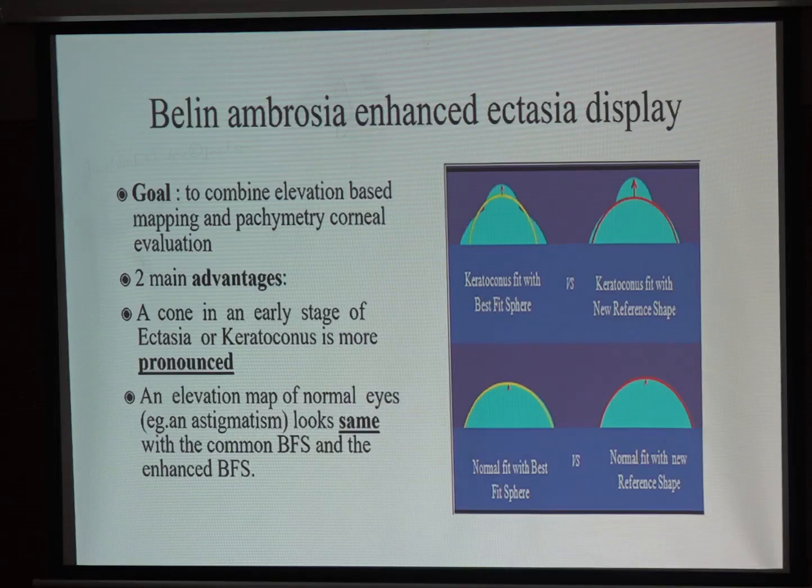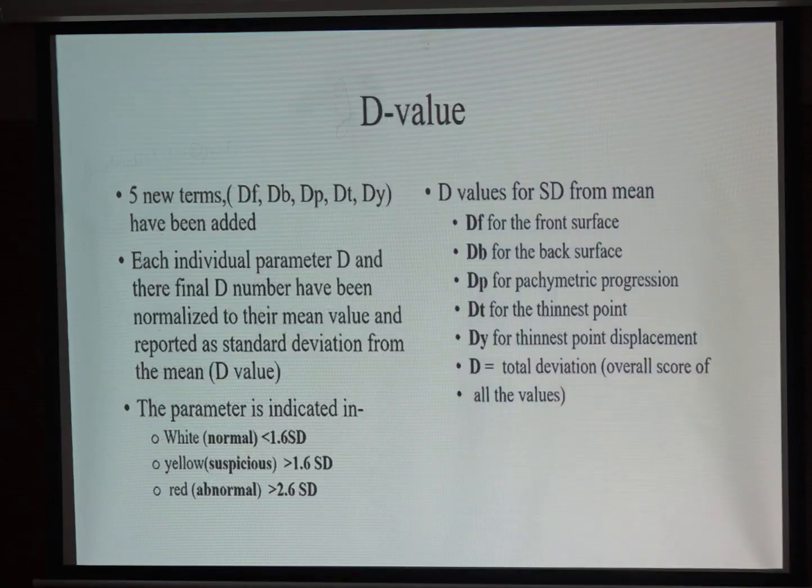So you have a best fit sphere, but this is utilizing the principle that in a keratoconus or in any corneal ectasia, there is a particular part of the cornea which is only abnormal, that is thinned out, right? So you take into account that part of the cornea, you create another sphere on the basis of that location, so that even the slightest of the elevation or slightest of ectasia can be detected in the early stage.